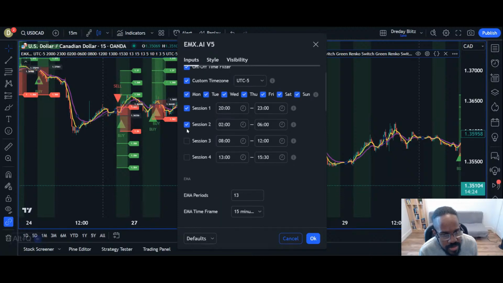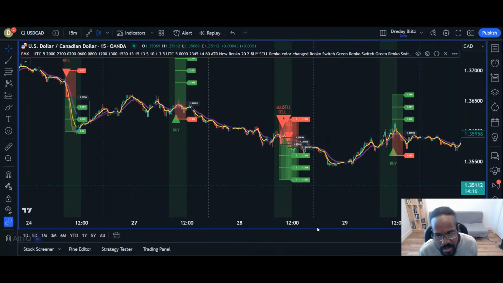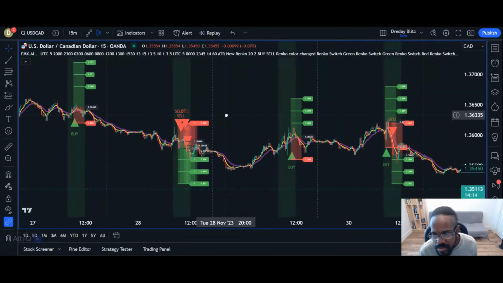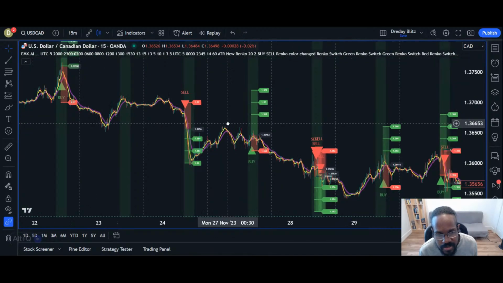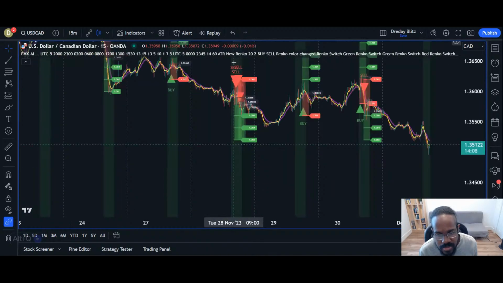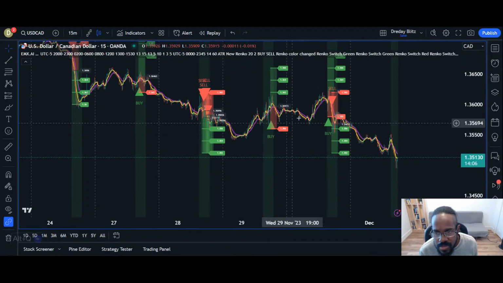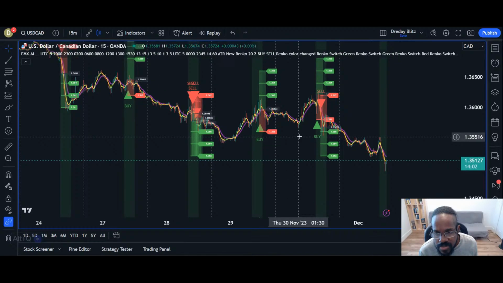So let's look at the USD CAD. Those are the setups here for USD CAD.